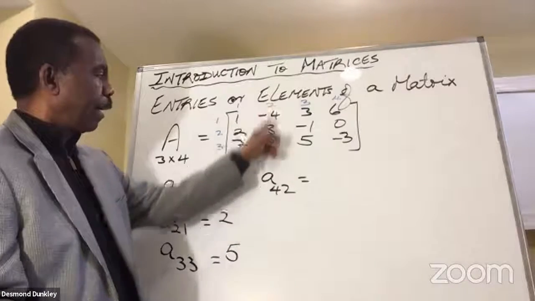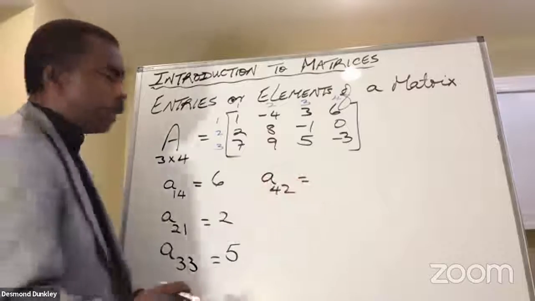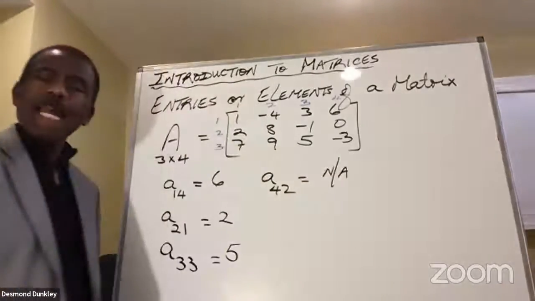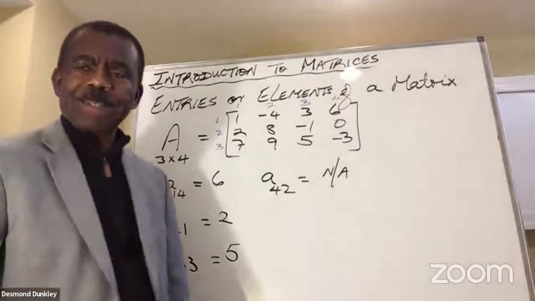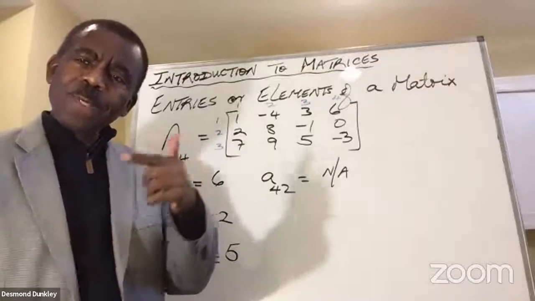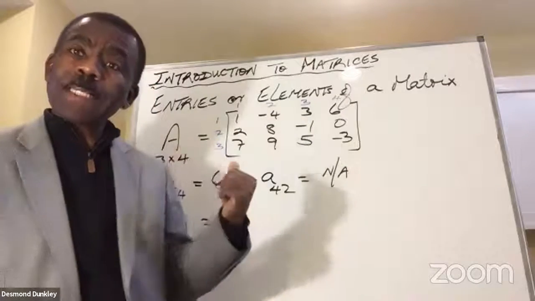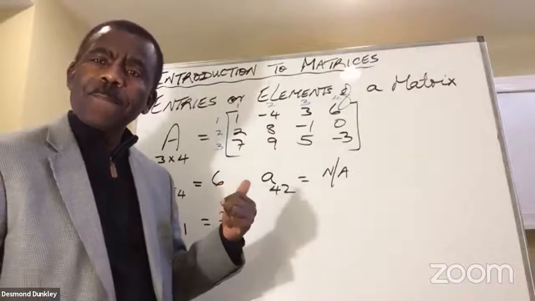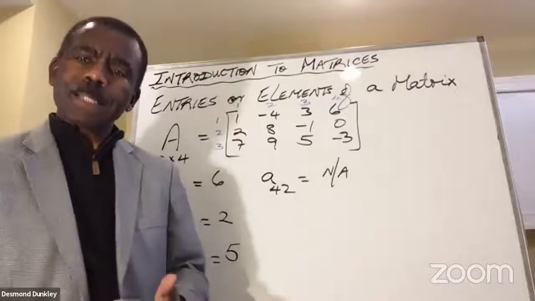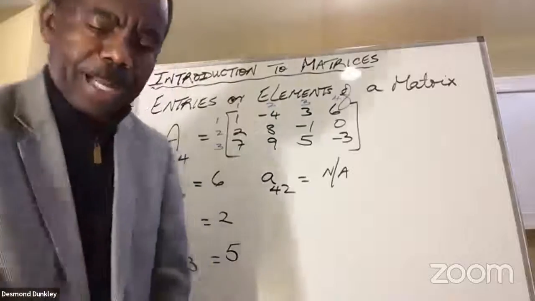We do have a second column, but there's no fourth row. So you say, not applicable, it does not exist. There's nothing. We do not have a fourth row. So you will find somebody trying to see if you understand the concept of an entry. They might give you one that does not exist and see if you will recognize that it's a trick, okay?